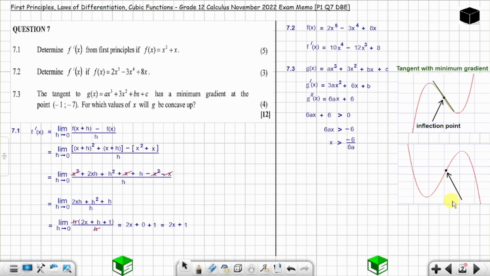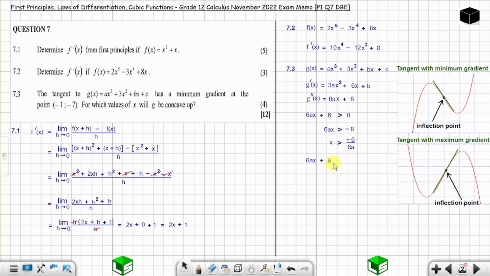A tangent line touching this cubic function at the point of inflection will have a maximum gradient because it's increasing. So whenever you have a tangent touching a cubic function at the point of inflection, that tangent will have a minimum gradient or a maximum gradient.